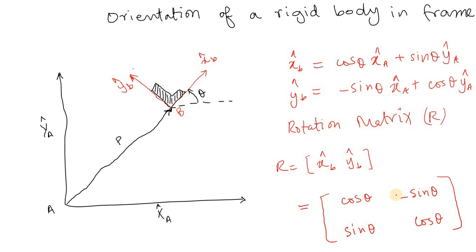So this is your rotation matrix, and it is used to find the orientation of your body frame with respect to your reference frame. It can also be used for many further applications, and we shall see them in upcoming slides.